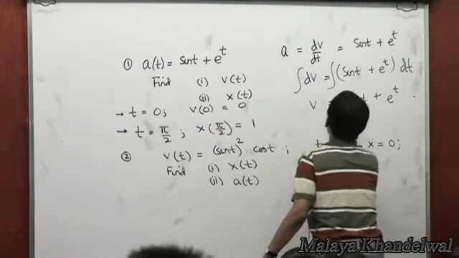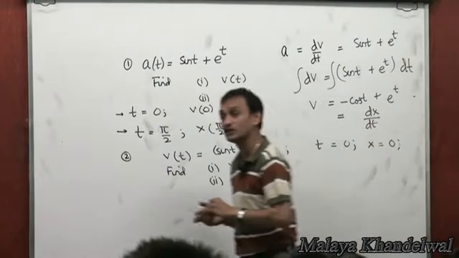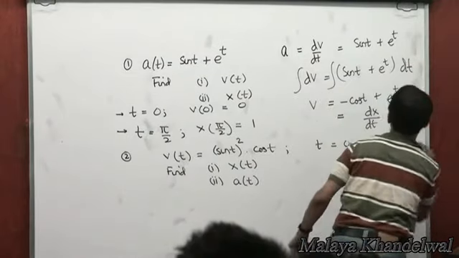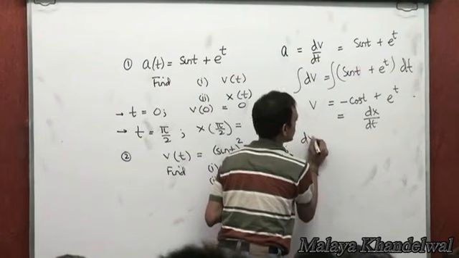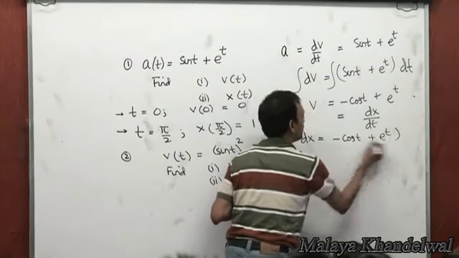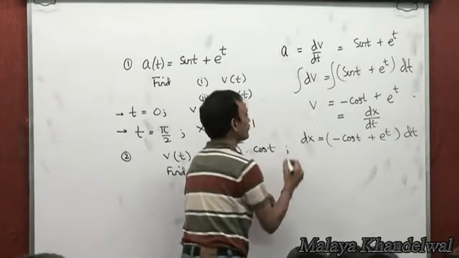And velocity is the rate of change of x with time. If a particle is moving in the x direction, velocity is the rate of change of x with time. So then I get dx equal to minus cos t plus e power t dt. Integrate both sides like before.